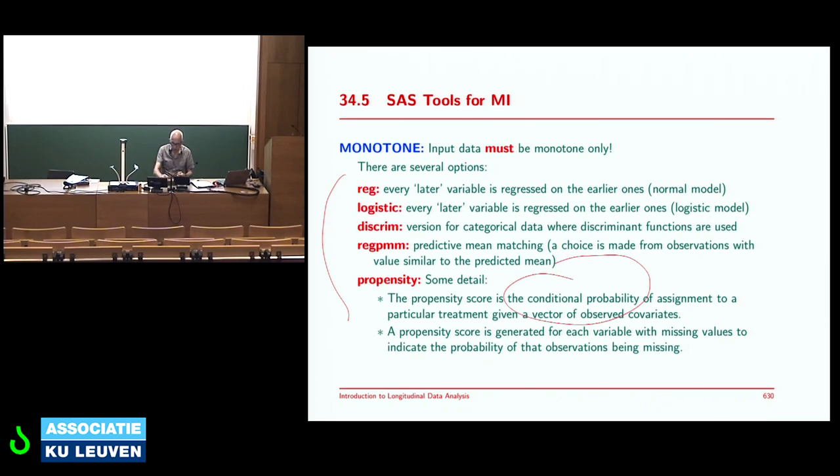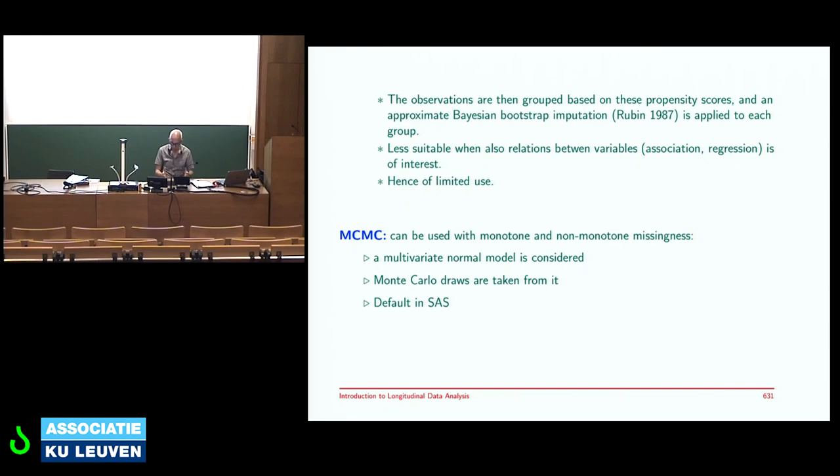And you use that as a tool, also grouping observations, a bit like predictive mean matching, to draw from it using an approximate bootstrap. I'll be brief about it, even though there's a bit more detail in the slides than with the others. It's of limited use when the association between variables is of interest. So I would typically not recommend it.